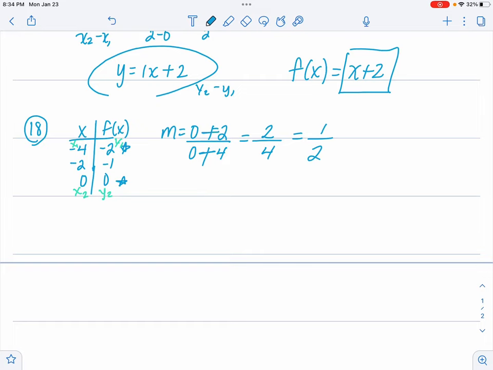So that's your slope. Your y-intercept is the y value when x is 0. So when x is 0 is this ordered pair right here. And that's my y value. So b is 0. So the function is f of x is equal to 1/2 x plus 0, or just 1/2 x.